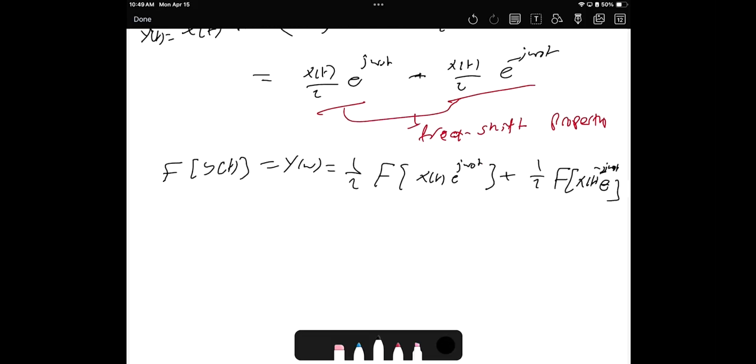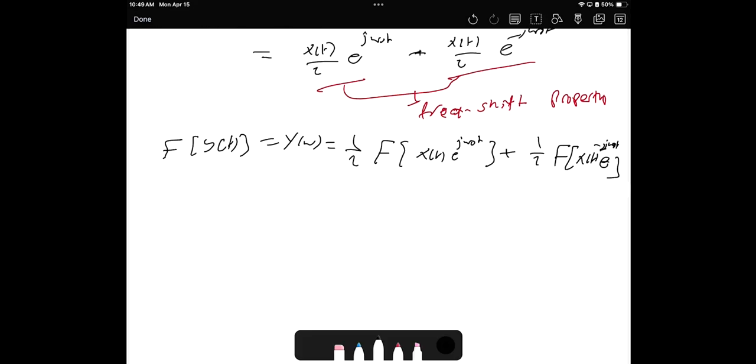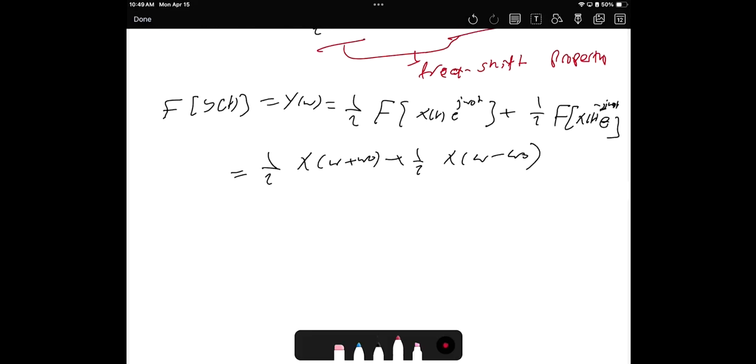Then, when we do the Fourier transform, it will be as 1/2 x of omega plus omega naught plus 1/2 x of omega minus omega naught. That's what I want. So using the power. So as a result, we can use this conclusion.